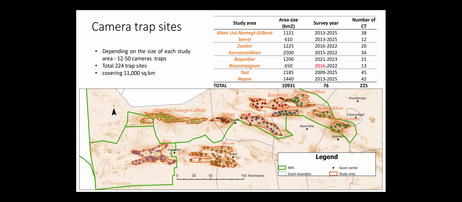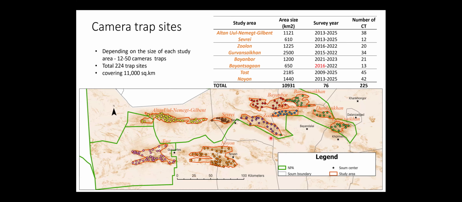Moving forward, we use camera traps to survey the snow leopard population in Tost and the surrounding mountains. You can see detailed information about the study, our study summary results, in the table. The points on the map indicate the locations of the camera traps and the orange lines indicate the study areas.